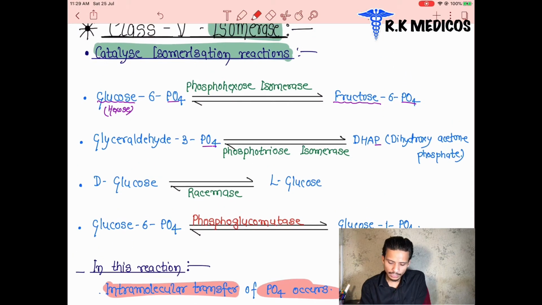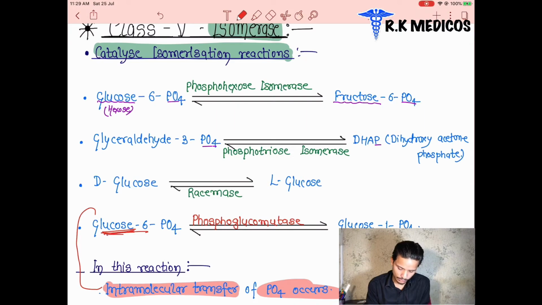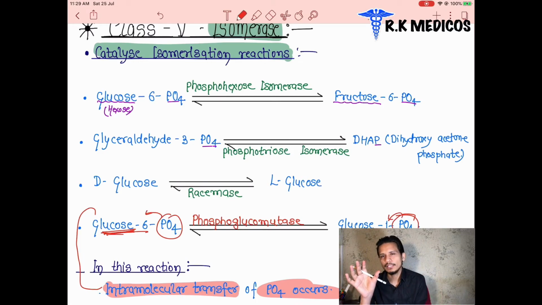In all these isomerase reactions, basically, glucose 6-phosphate, you can see in the same glucose, the phosphate position will be changed. Initially the phosphate is present at the 6th position, later on it is present on the 1st position. It means in the same molecule, that is intramolecular, there is an exchange of phosphate from the 6th to the 1st position.